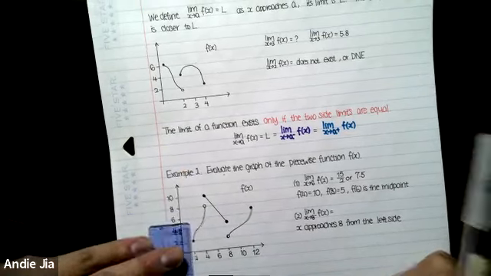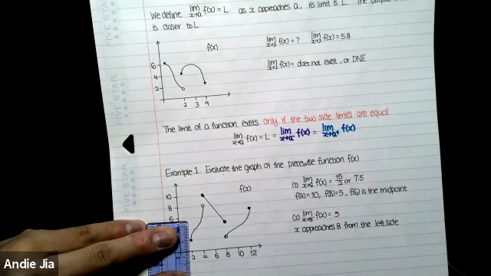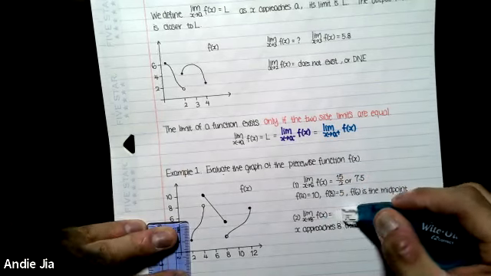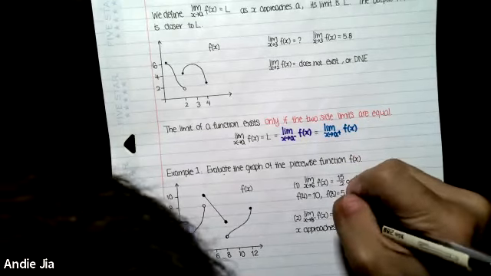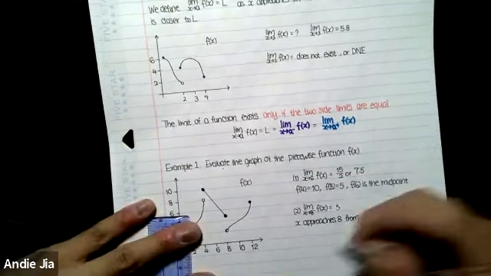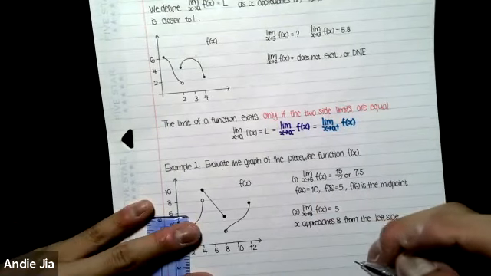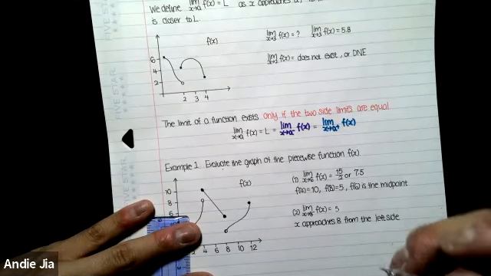So it's 5. Five is the limit as x approaches 8 from the left side.